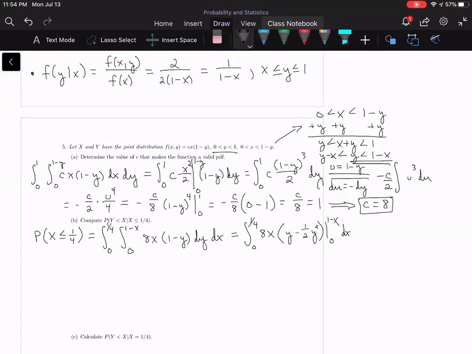And that is 8x times 1 minus x minus 1/2 of (1 minus x) squared.